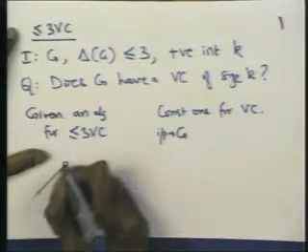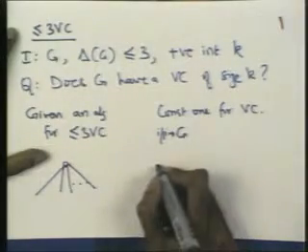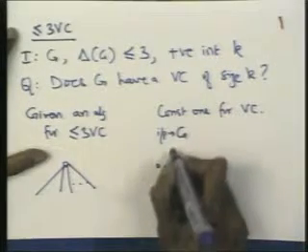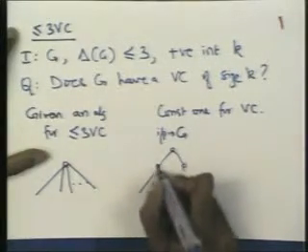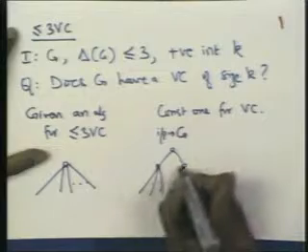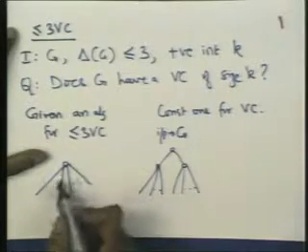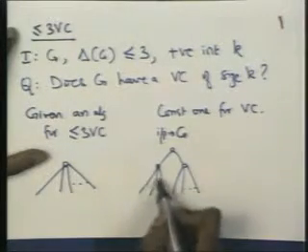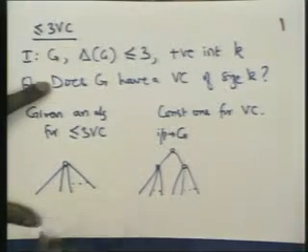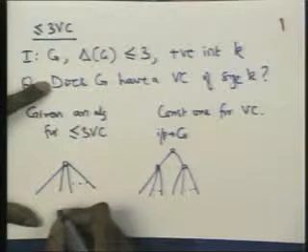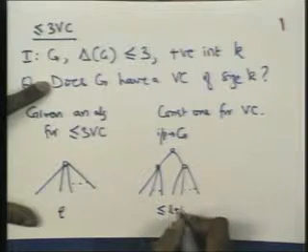Supposing I have a vertex with large degree. What you do is you split this vertex into 2 parts. Some of the neighbors are attached here and some of the neighbors are attached there. Now we saw that if this has a vertex cover of size, let's say L, this has a vertex cover of size less than or equal to L plus 1.